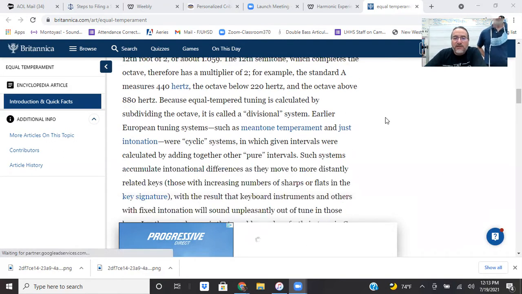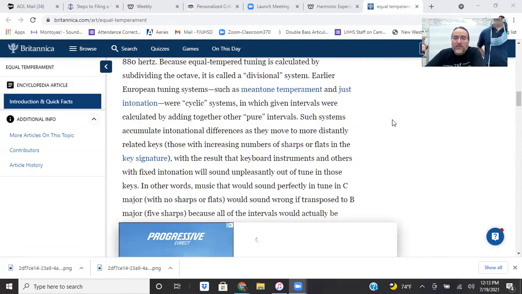Because equal tempered tuning is calculated by subdividing the octave, it is called a divisional system. Early European tuning systems, such as mean tone temperament and just intonation, were cyclic systems, in which given intervals were calculated by adding together other pure intervals. That's the compounding, I think, that we see on the lattice.